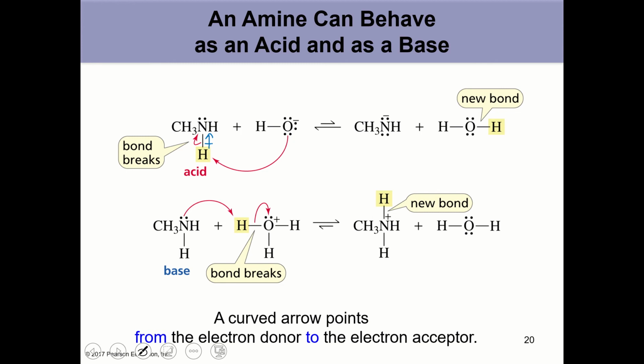Amines also have a lone pair on the nitrogen, which can act as a Lewis base nucleophile and donate electrons to form a bond to a partially positive hydrogen.